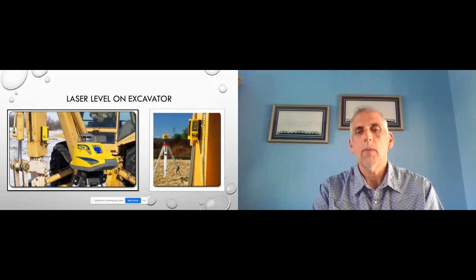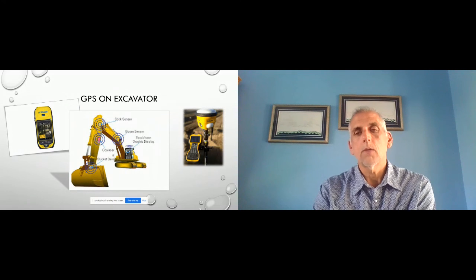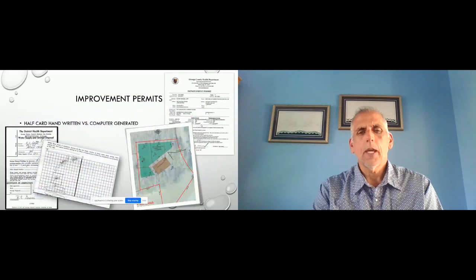So it just saves them that extra person. They're also doing a lot of work with GPS on excavators. If the layout has already been done and installed on the GPS, then the contractor can have that on his backhoe and it will automatically know exactly where to dig and how deep to dig. Office technology has changed quite a bit.